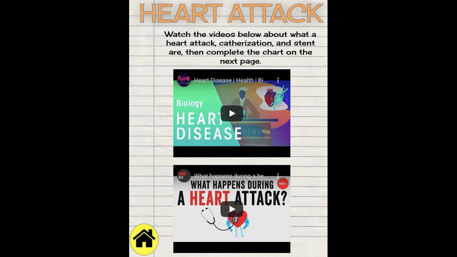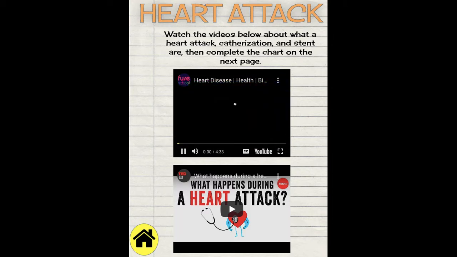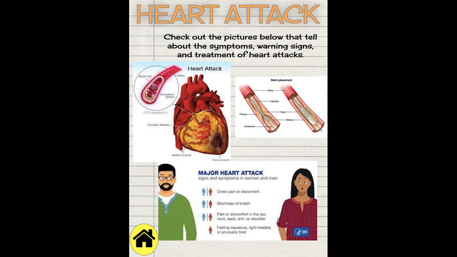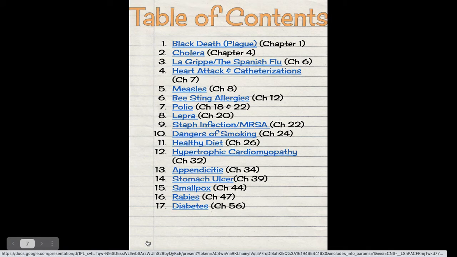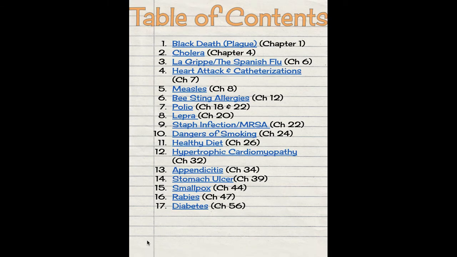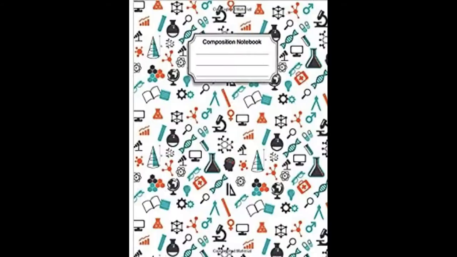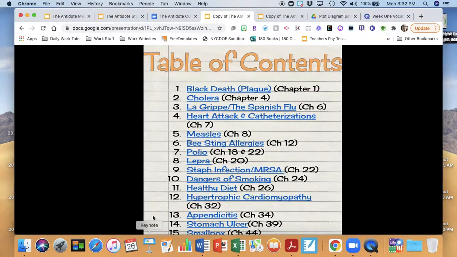Each disease or medical illness has videos attached to it, as well as diagrams and pictures, and just a simple graphic organizer for students to fill out to see what they've learned and to have them really think about the information presented to them. This yellow house button, if you click on that, will take you back to the table of contents. That's the medical journal.